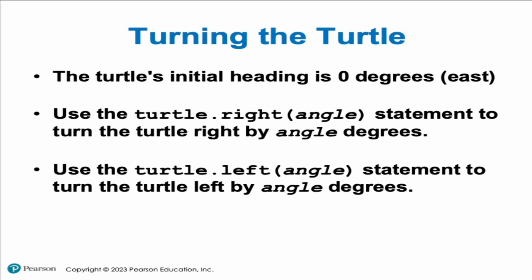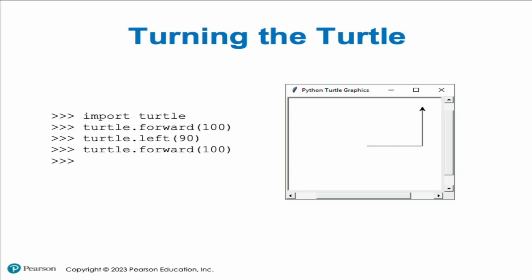Like I said, orientation originally is 0 degrees, which they will also refer to as east. To change that orientation, we can move it either right or left by a given number of angles. So for example, here we move the turtle forward 100 like we did before. We go left 90 degrees, and then we go forward 100 pixels.